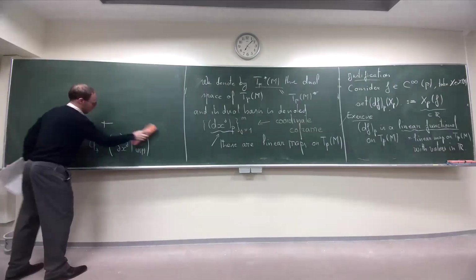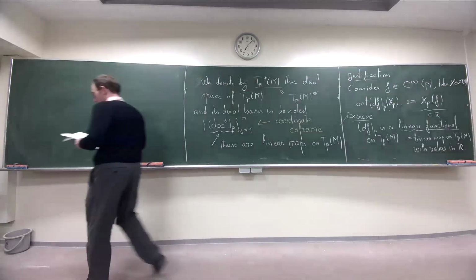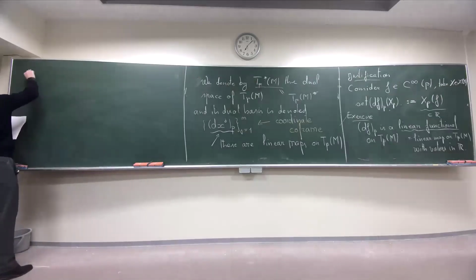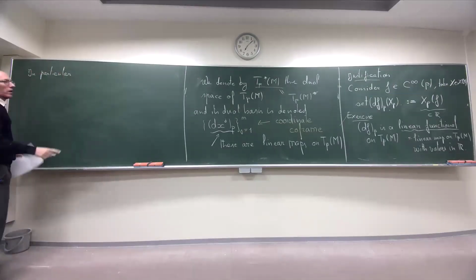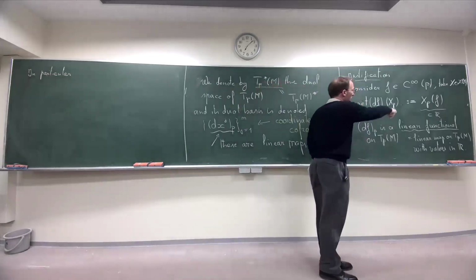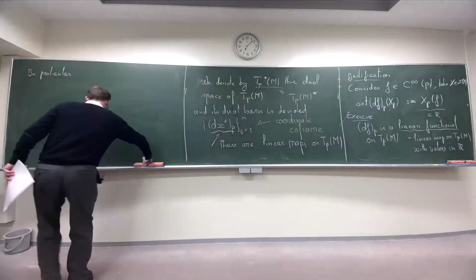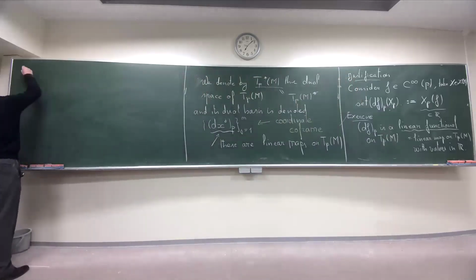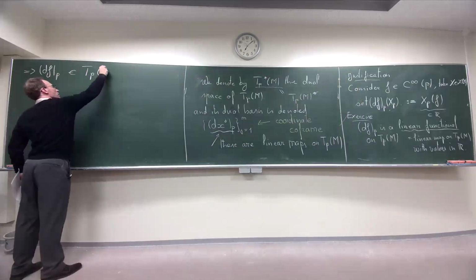So let's now play a bit with this definition. In particular, if it is a linear functional or linear map from Tp of M with values in R, it implies that this dfp is an element of the dual.